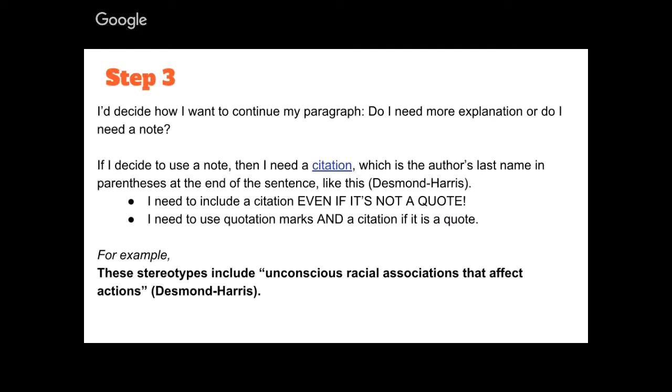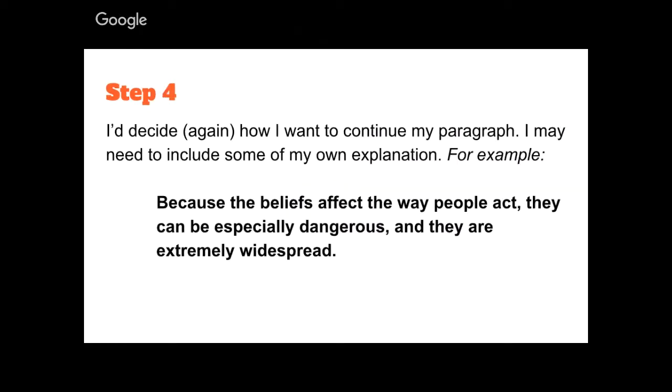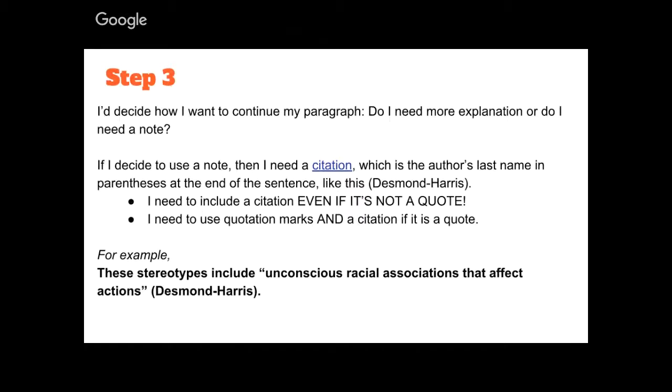Okay? This will go in parentheses at the end of the sentence, just like this: Desmond Harris, close parentheses, period. Okay? You include it even if you're using one of your paraphrases. And then know that if you are borrowing from what you pasted into the direct quotation area of your Noodle tool note, you want to put quotes around it.